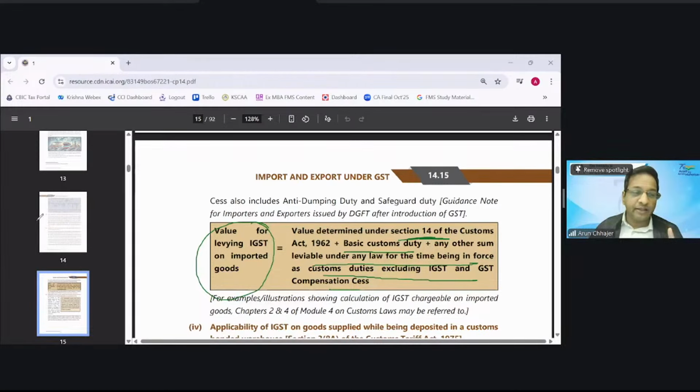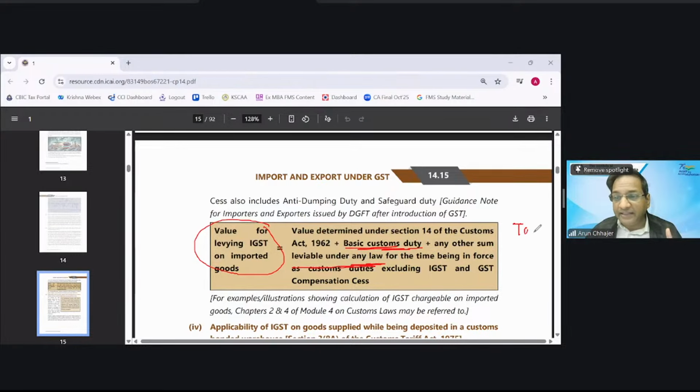Quickly tell me why the taxes are being added for calculating the IGST on import of the goods? Why are the taxes added to determine the IGST on import of the goods?